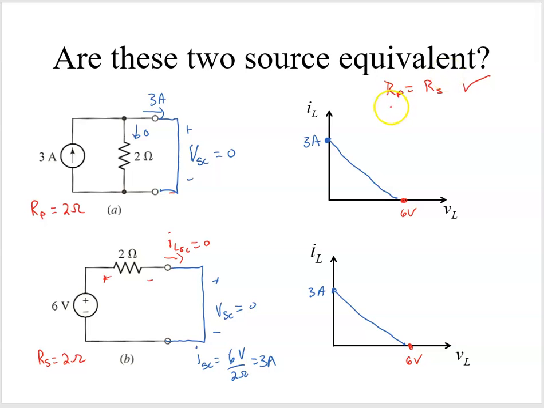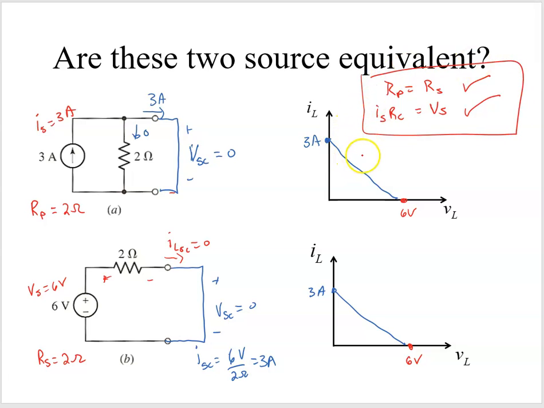And then if IS times RP is equal to VS, here we have our IS equal to 3 amps and our VS equal to 6 volts, and check. So we can just use this standard instead of even having to find the open circuit voltage and short circuit current. So we'll use this to introduce source transformations.